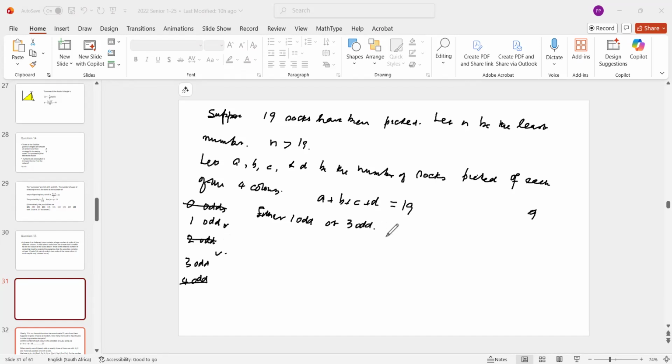Okay. Now, take the 1 odd case. So 3 of them are even in this case. So let's call those evens B. We don't know which ones are even, but because it's even, it's twice something.